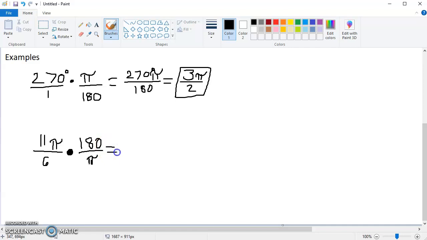And this would equal 1980. And here the pi's will cancel out as well, and that will be able to equal 330 degrees.